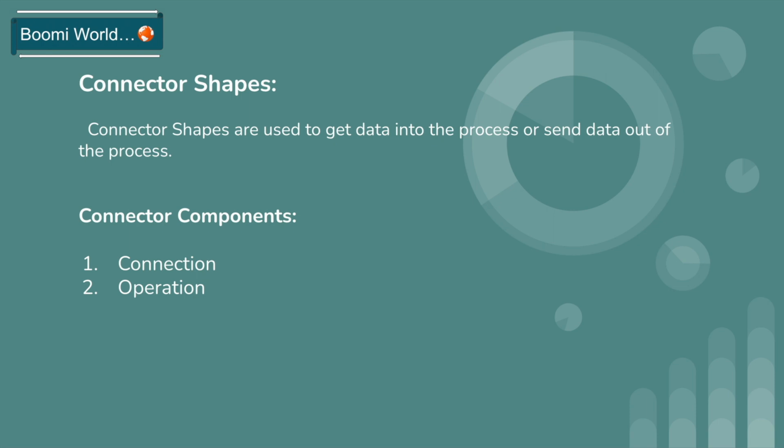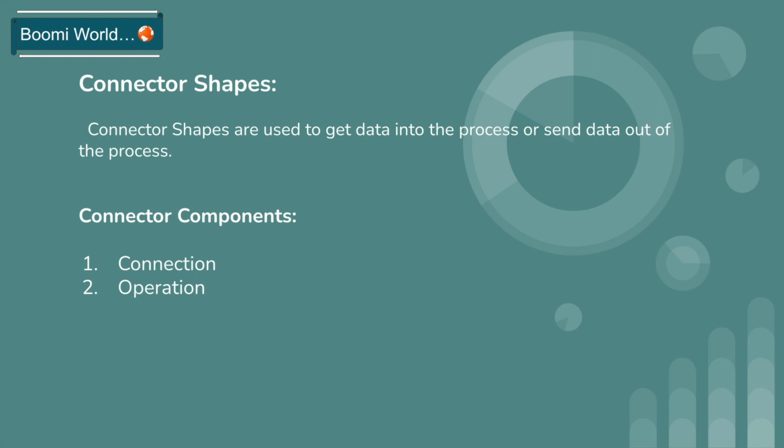So connector shape is one of the components here. Connectors are the combination of 2 components that you can store separately in the component explorer. Those components are connection and operation. What is meant by connection and what is meant by operation? Connection is one of the components, and connection is the physical connection information.